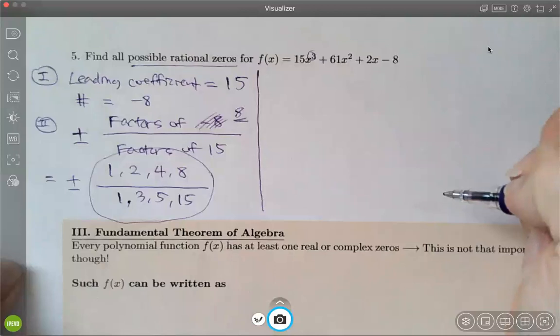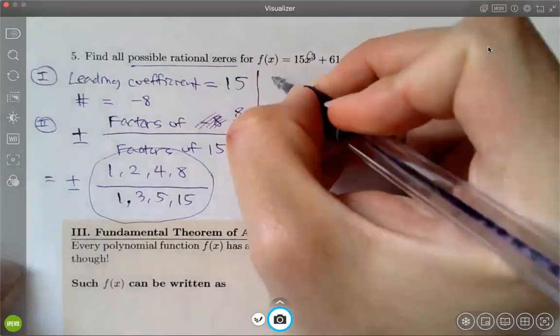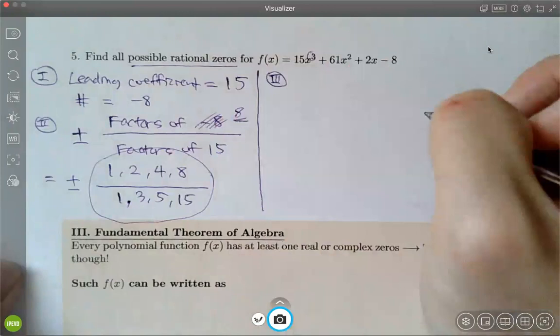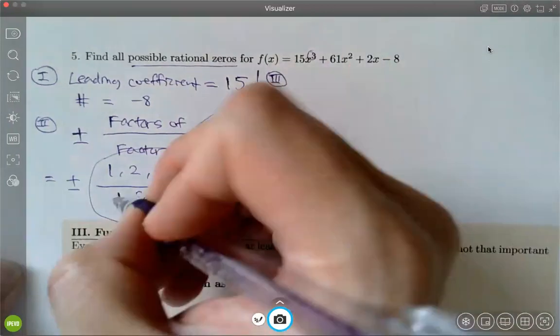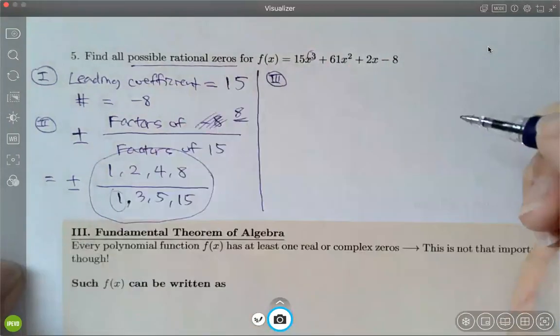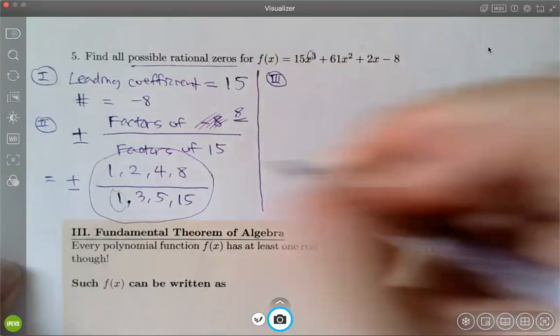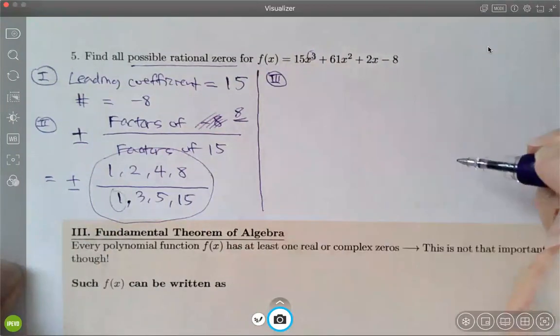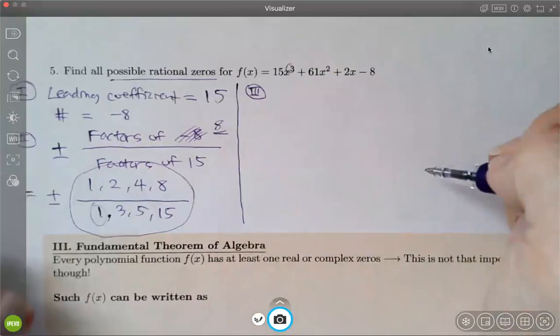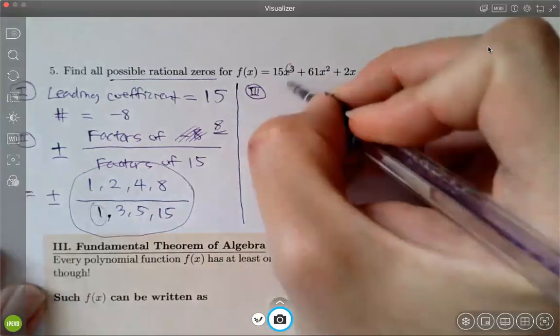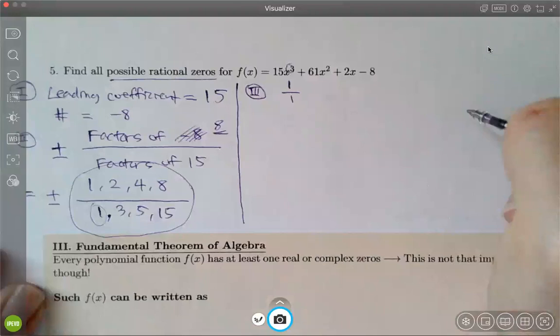Okay, so let's see. Let's say the bottom was 1. Then we have 4 options at the top, right? So basically, it can be 1 over 1. Now, can it be 2 over 1?